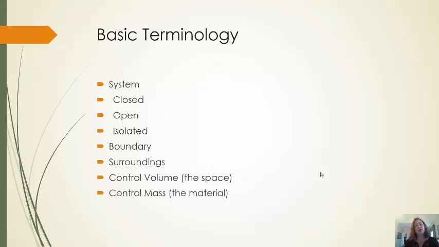The two ways that we talk about problems are going to either be a control volume approach or a control mass approach. Control volume approach means I'm talking about the space itself. So this would be something like a pump where material is constantly flowing through the pump. And so in that case, I'd like to use a control volume because the space is what's important. The control mass approach follows material.